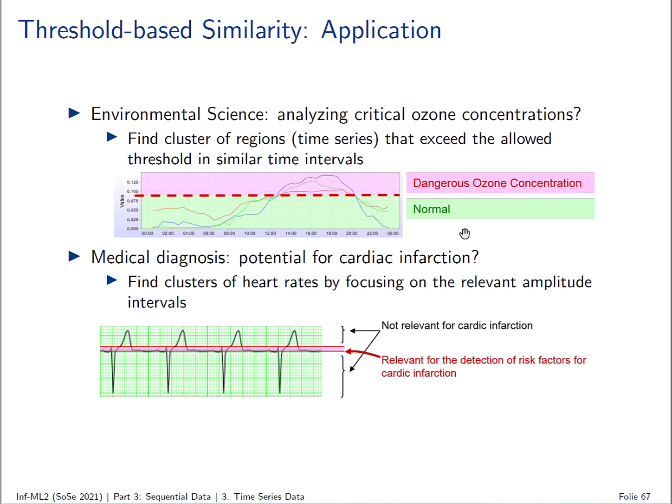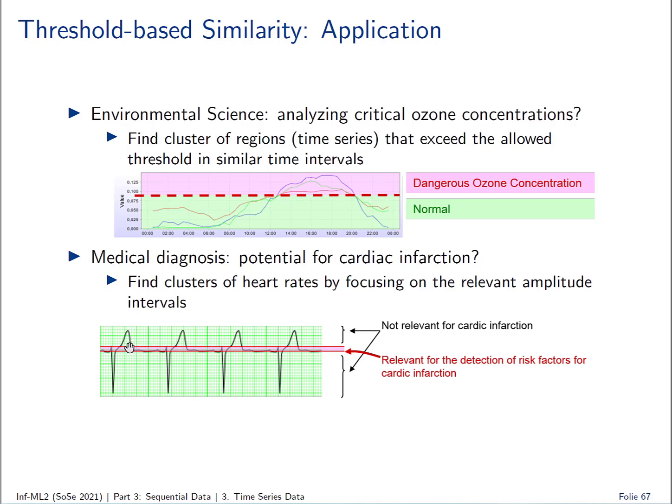The basic idea from applications was that we have, for example, in environmental science, but also in medical diagnosis, maybe here for these heart rates, not time intervals that are interesting. We have amplitude spectra, which are amplitude intervals, which are interesting. So if you ask a doctor what are the interesting parts of such a heart rate, she or he will tell you that we are only looking at those parts where the heart rate is in between those two values here along the amplitude spectrum, not along the time.